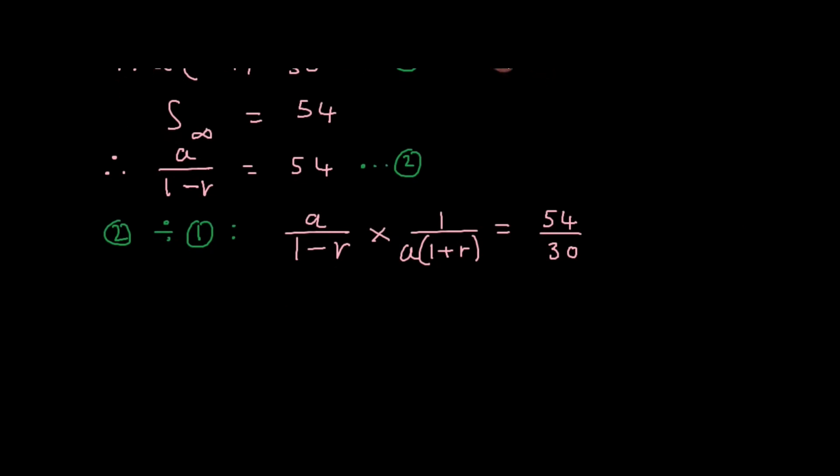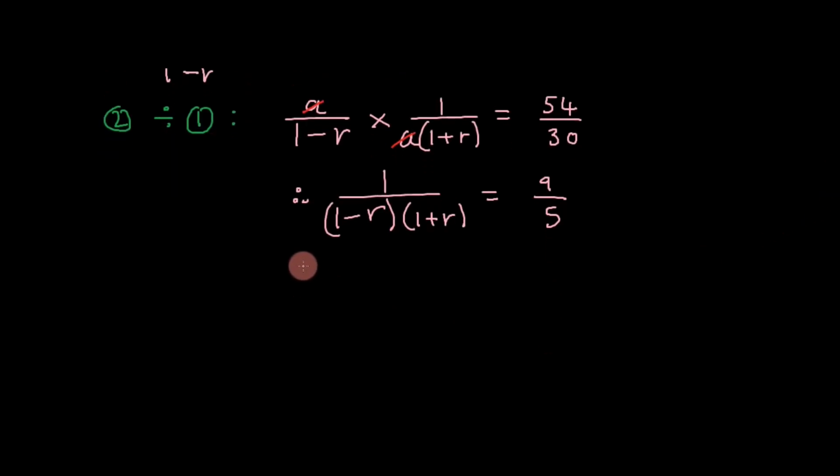Now, the A's cancel on the left-hand side. So we're left with 1 over 1 minus R into 1 plus R. And we can simplify the right-hand side. This is going to be 9 over 5. We can also multiply out these factors in the denominator.